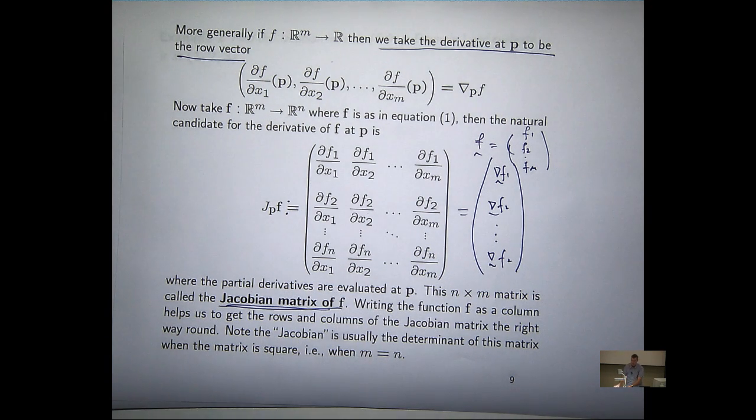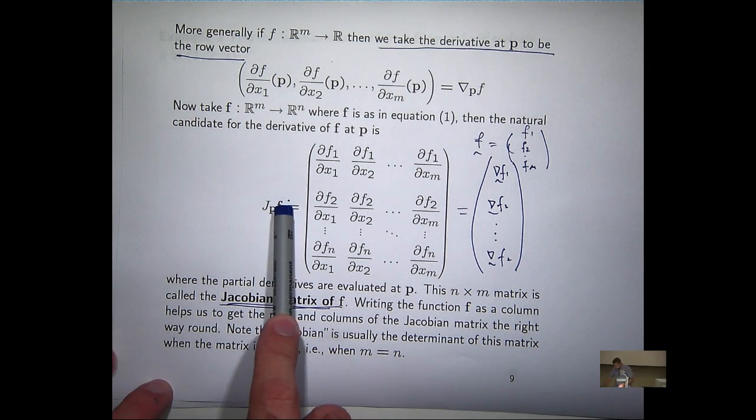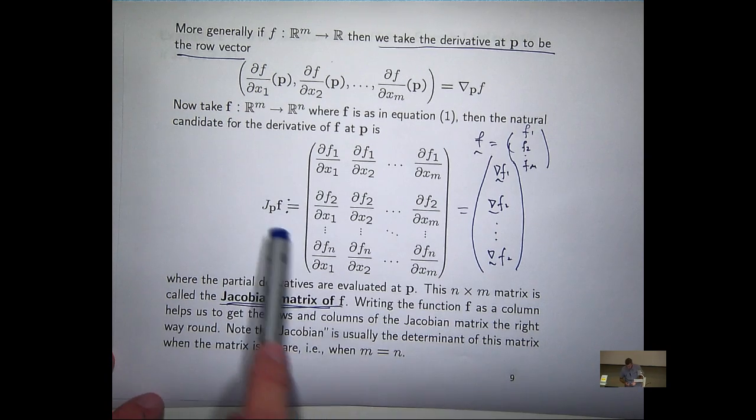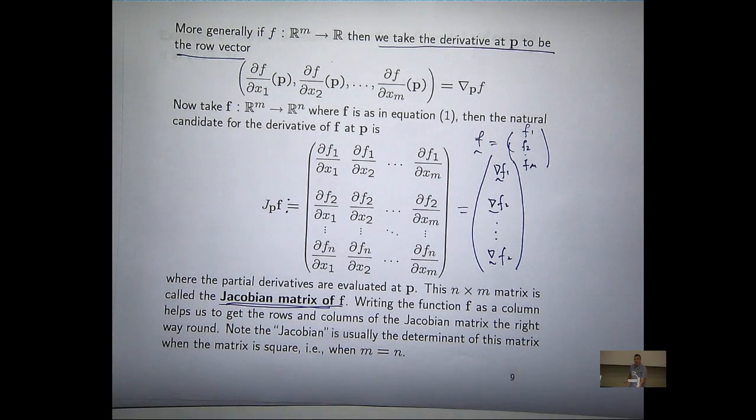So note the notation. This capital J with F just means the general Jacobian. If you put this subscript P in, it means that we're evaluating the Jacobian at the point associated with the vector P.